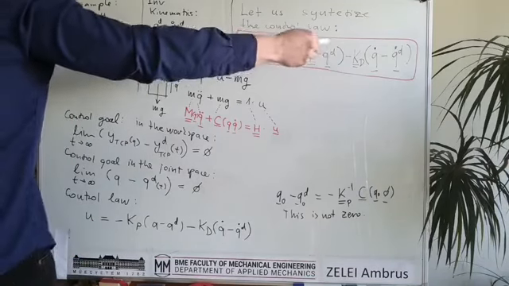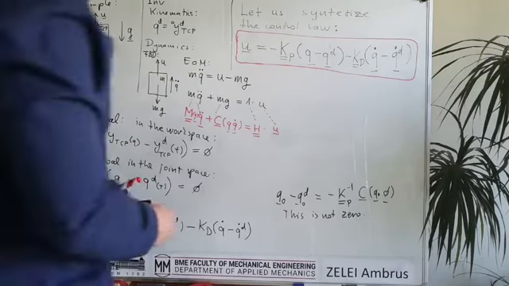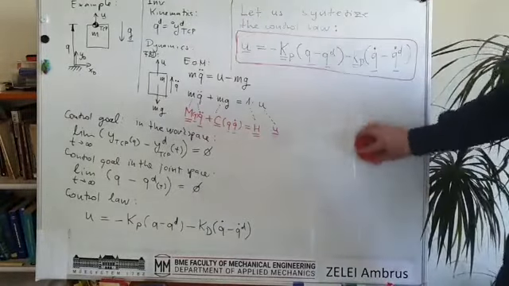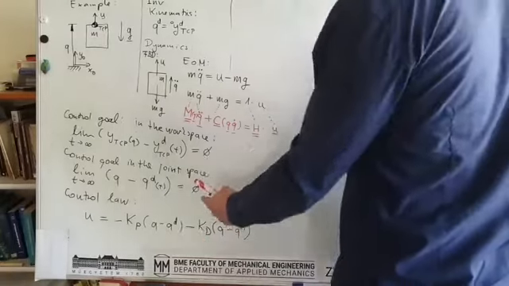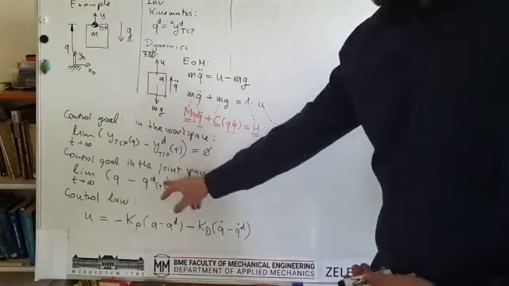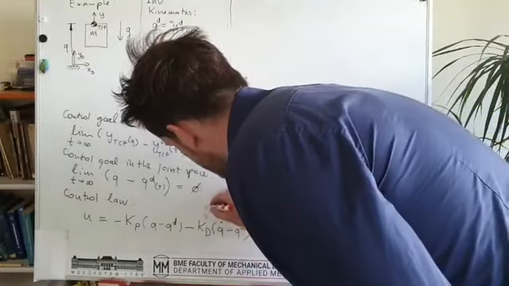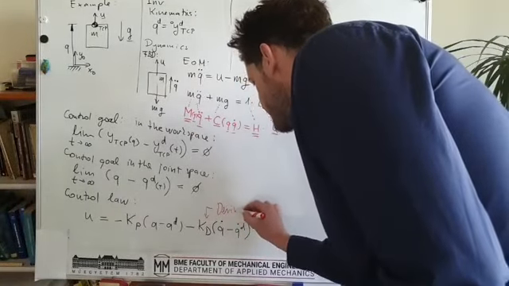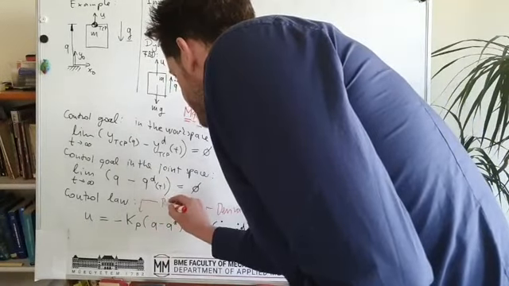This is exactly the same as what we have here. Yeah, and one more thing: that's why it's called a proportional derivative controller, because this is the derivative term and this is the so-called proportional term.